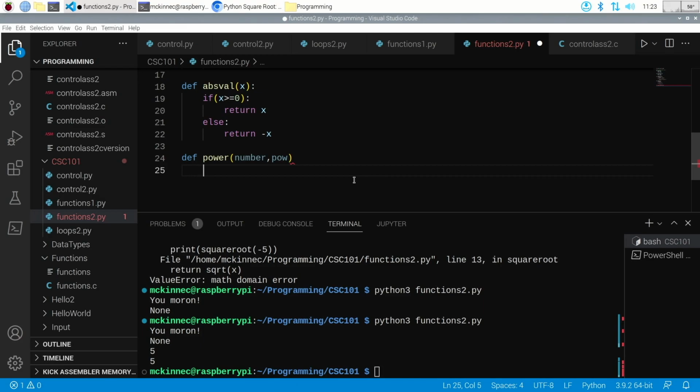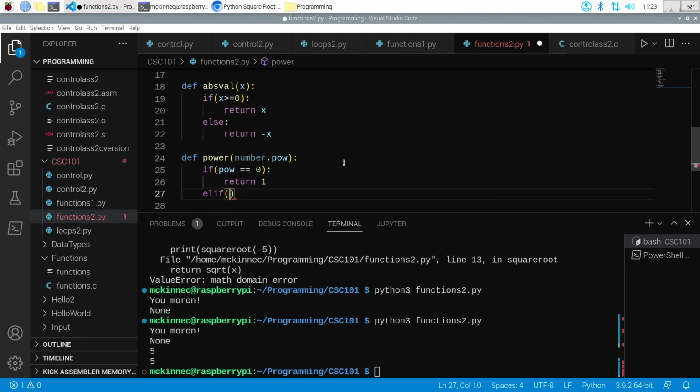Seems like a perfectly good mathematical idea, right? Oh, and I need a colon. So how could I define this function? Well, what happens if the power is 0? What's anything to the 0? 1. So we could say if pow equals 0, return 1.